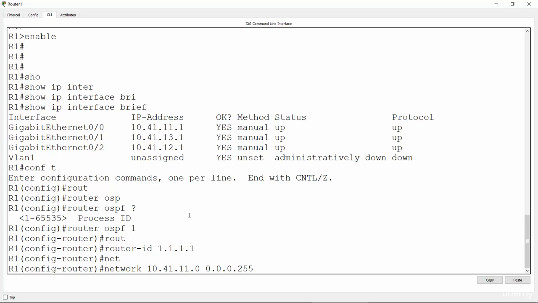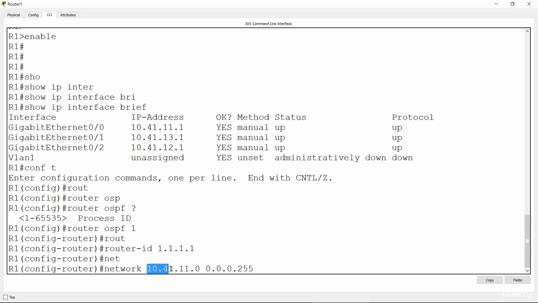Because this network contains the IP addresses beginning from 11.1 to 254. That means the first 3 octets are constant.